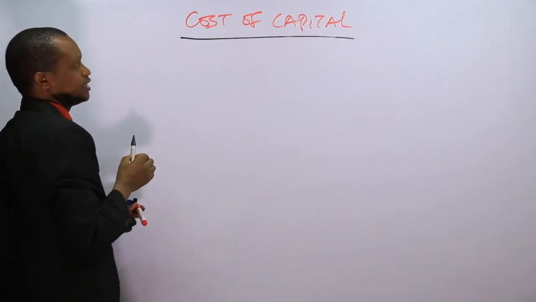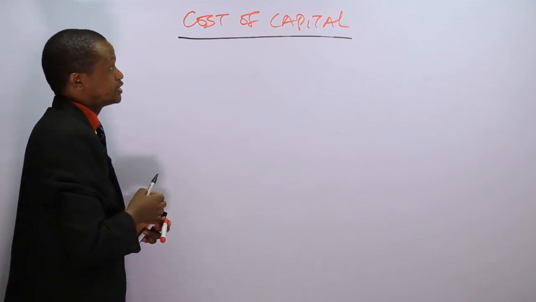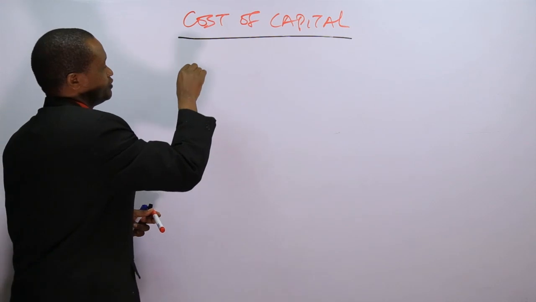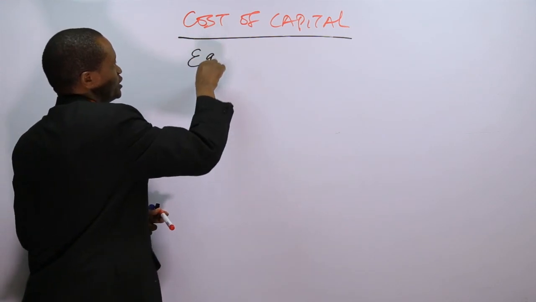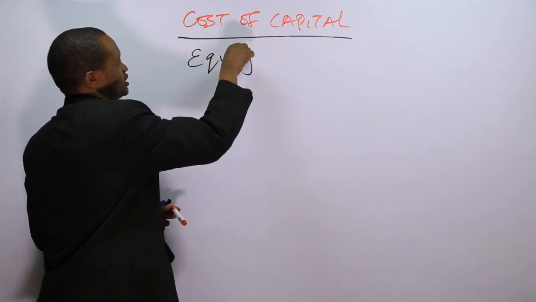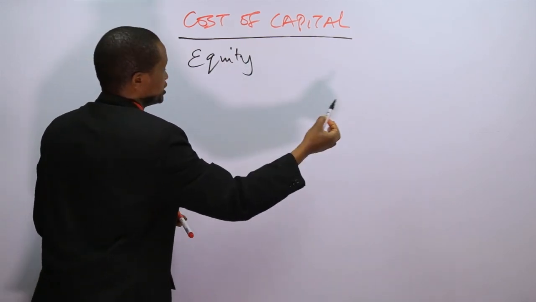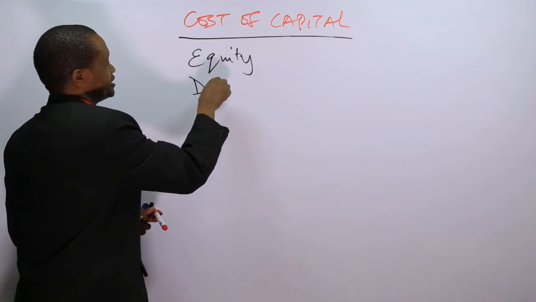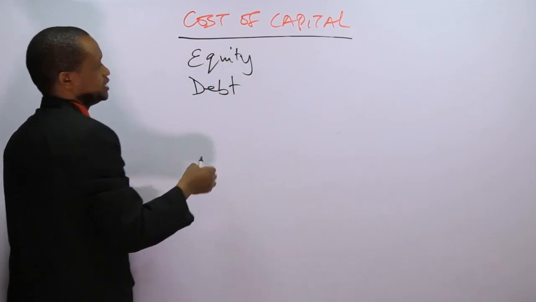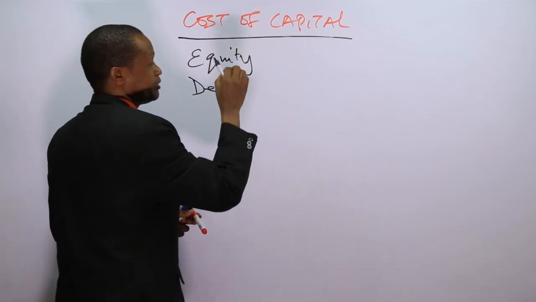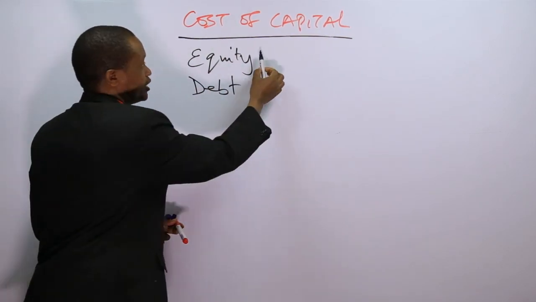And we say that capital can be looked at from two perspectives. That is from the owner's perspective, which we refer to as equity. This is capital brought into the company by the owners, who are the shareholders, and debt. Debt represents money injected in the company by persons other than the owners.